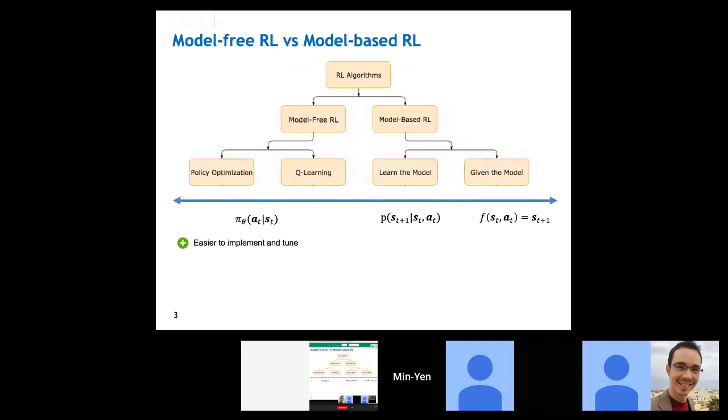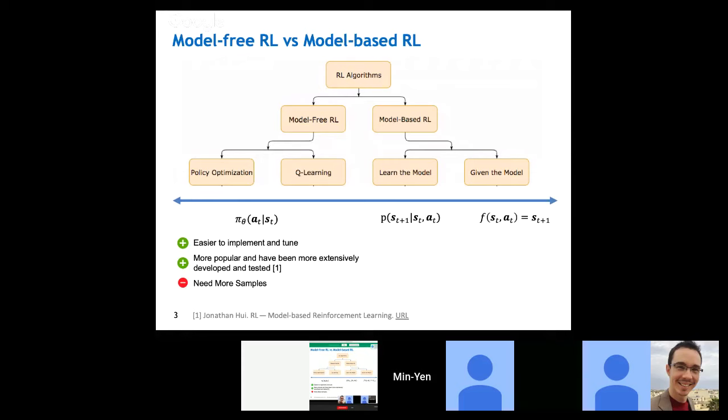For model-free RL, the advantage is that it's easier to implement and tune compared to model-based RL, and also it's more popular. As of now, it has been more extensively developed and tested.